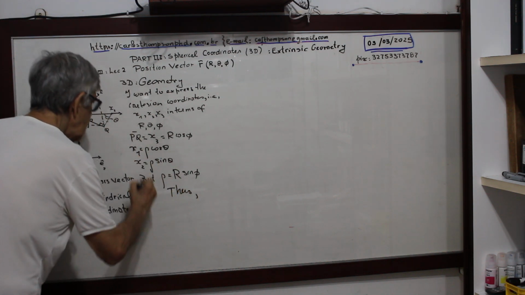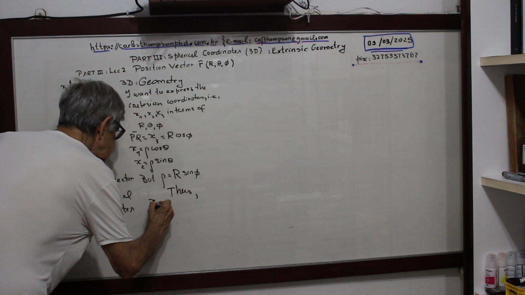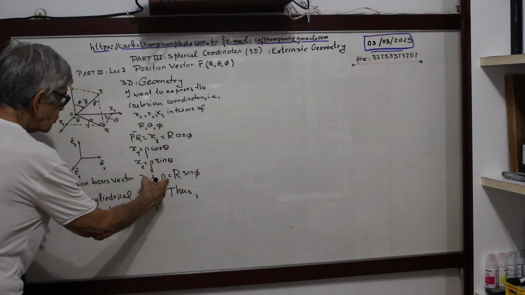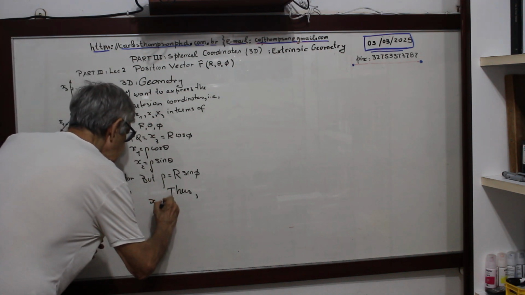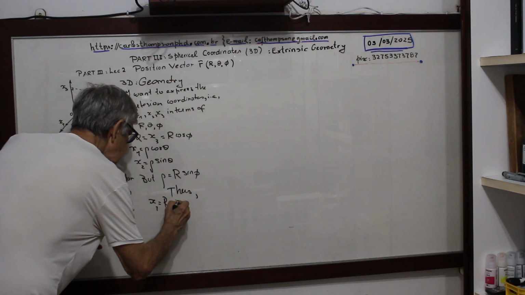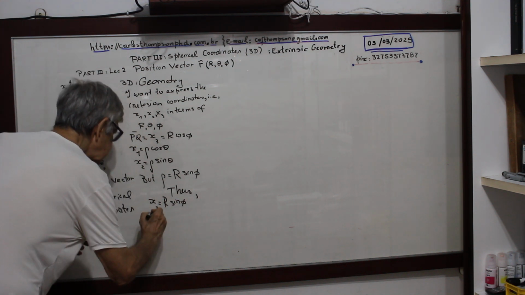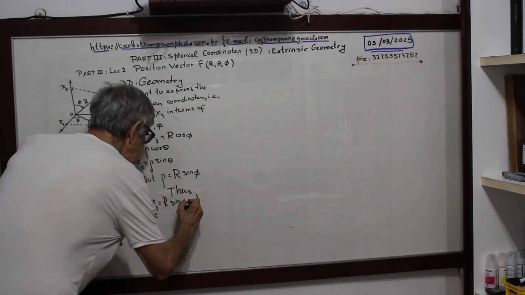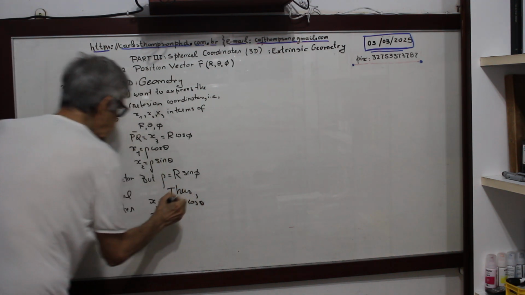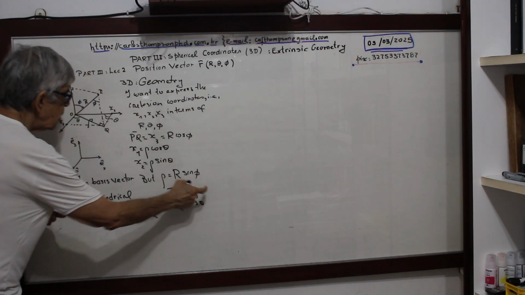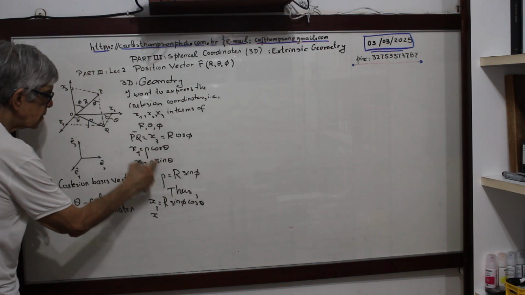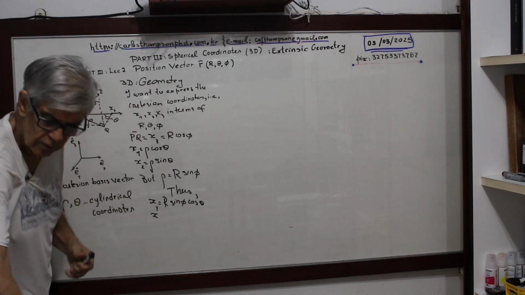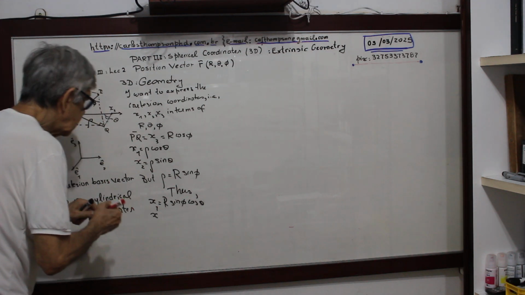Thus, x1 is equal, I substitute rho here, to R sine phi cosine of theta. You just substitute rho here, just over here. I'll put a color for you just to see clearly.